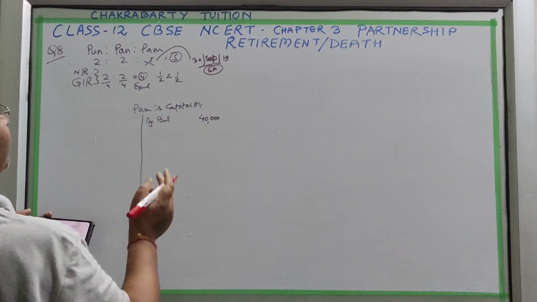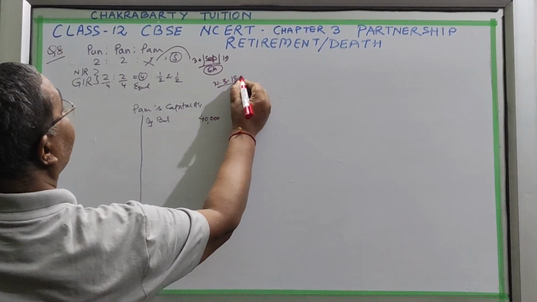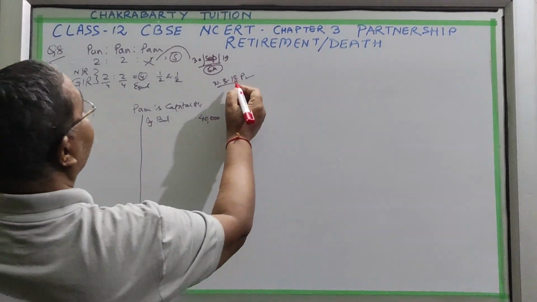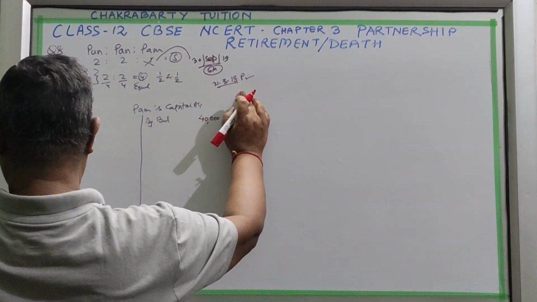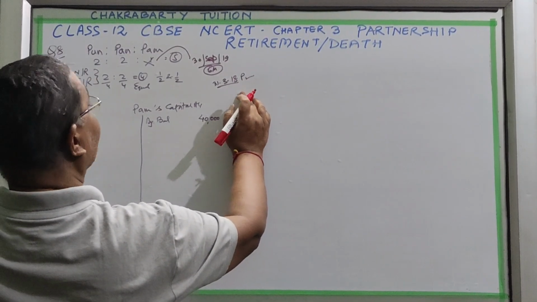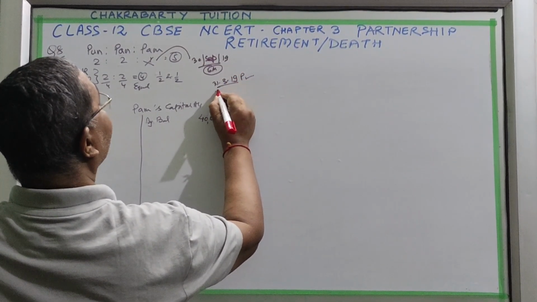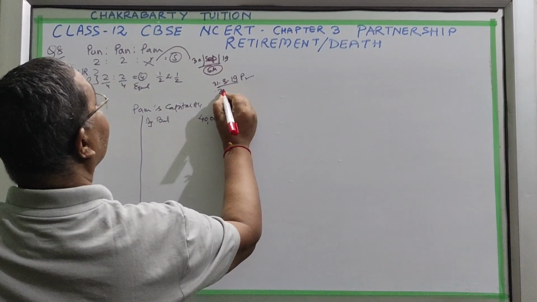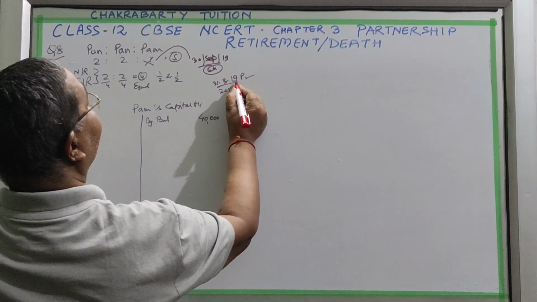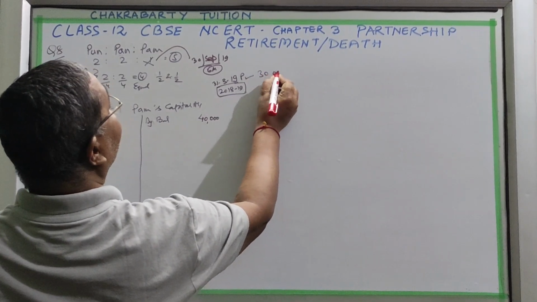So previous year means 31/3/18. We will take the profit of 2018-19, since he died on 30 September 19. Profit of 18-19 is 30,000.